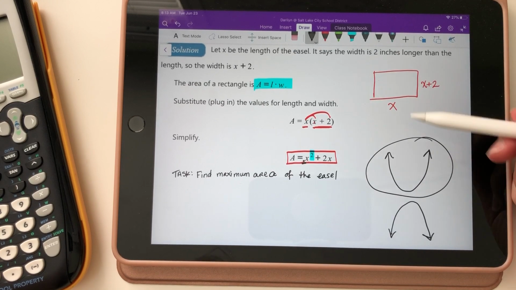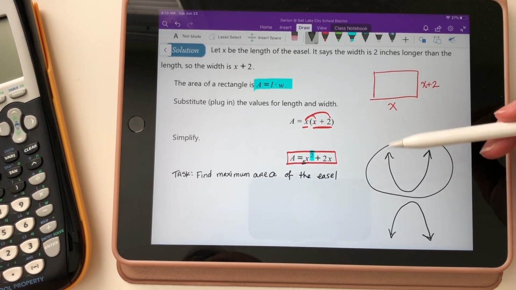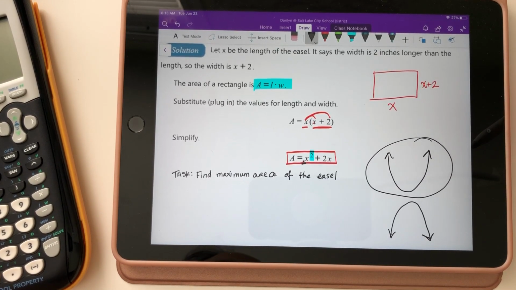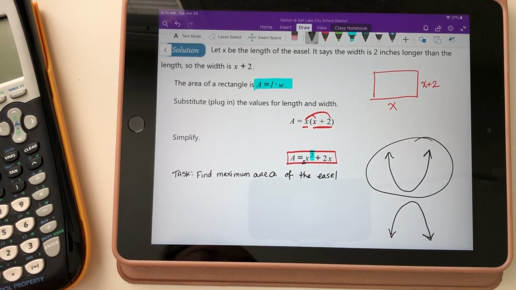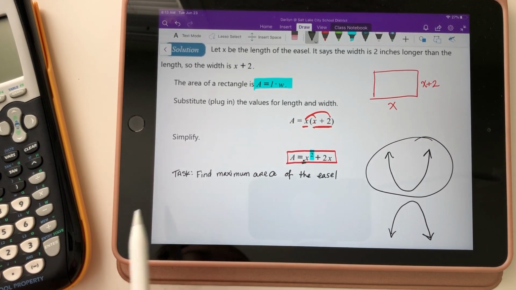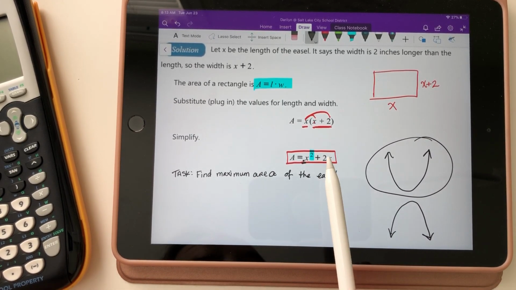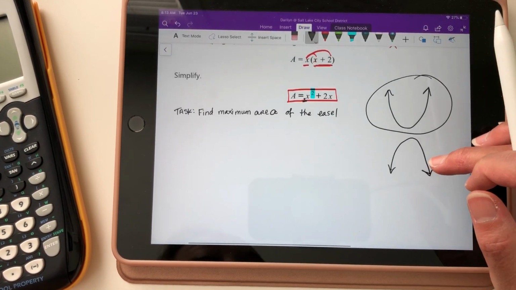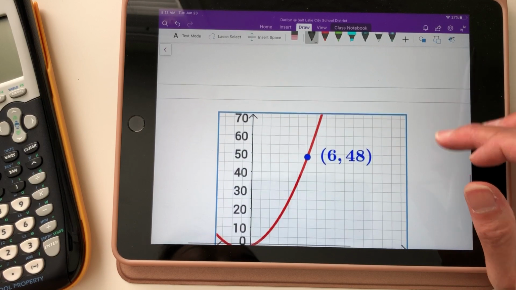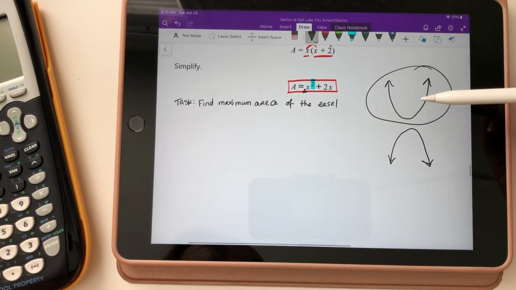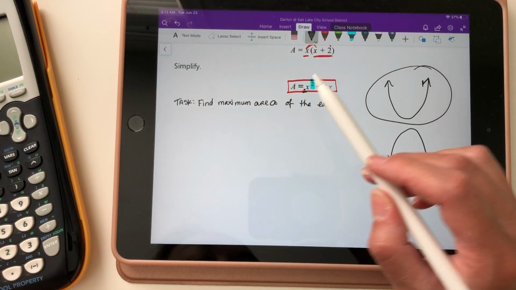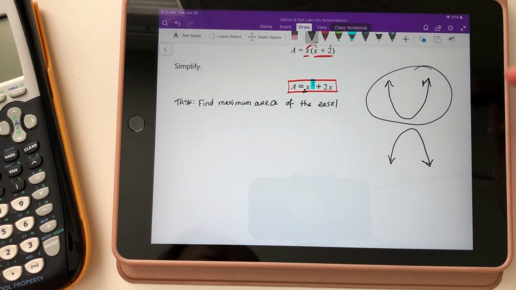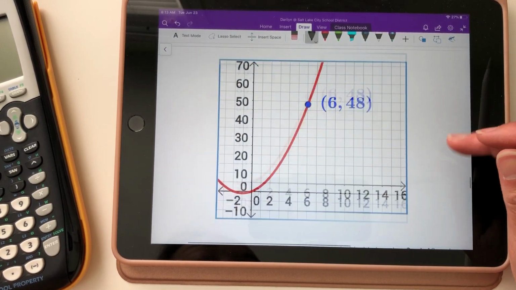So there won't actually be a maximum. The maximum will be infinite. So I actually don't really like doing this question for finding the maximum area, but this question was good for setting it up. So I'm actually going to move on to the next question to practice finding the maximum area. Do you see? Because that's a positive in front of X squared. There's no maximum. That's going to go on forever and ever. So the maximum would be infinite.